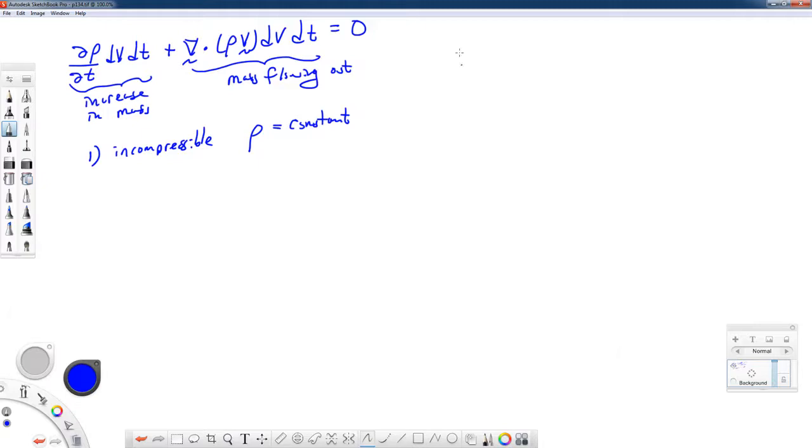And I guess we can simplify this down a little bit, since the dV by dt is the same. Probably the way I should have written it at the end was partial derivative of the density with respect to time plus del dot rho v equal to 0. That would be the preferred way to write the continuity equation.